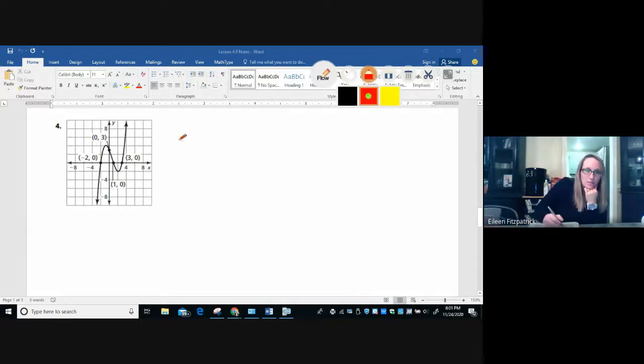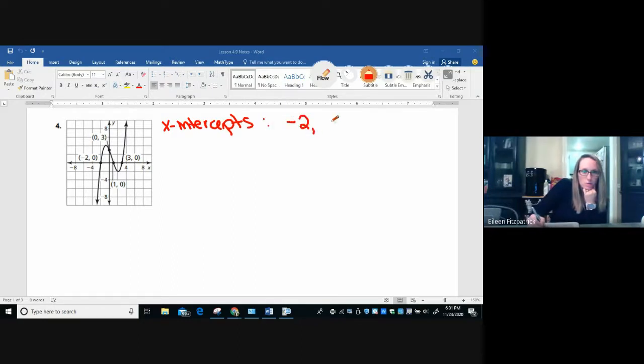All right. So for number 4, my x-intercepts are -2, 1, and 3. Notice you pass through, and you pass through. None are repeated solutions, which makes sense because there's supposed to be 3 solutions, and I have 3.